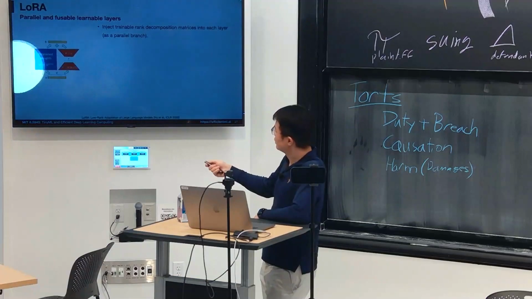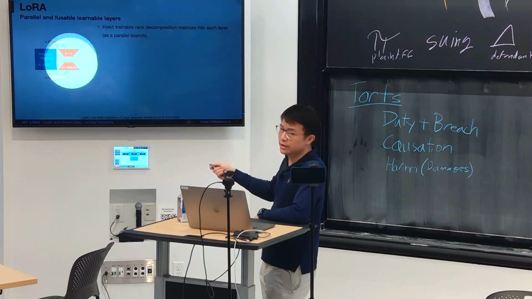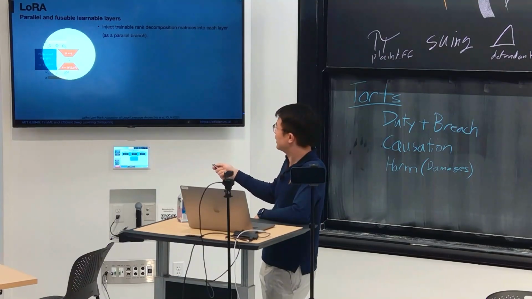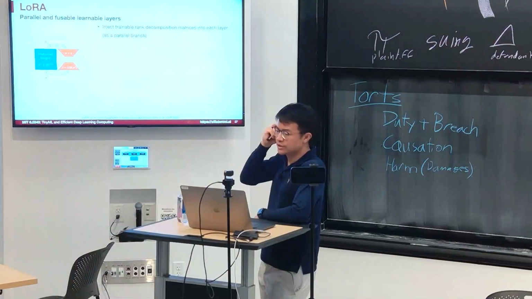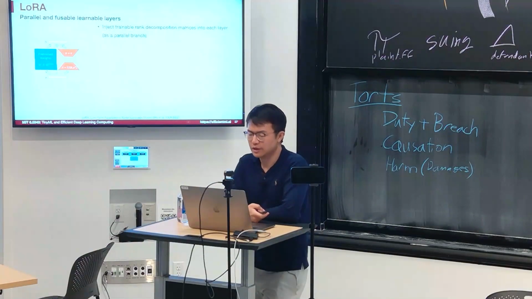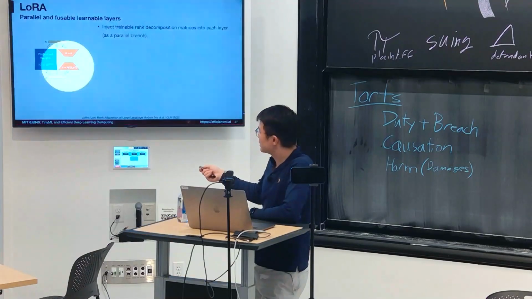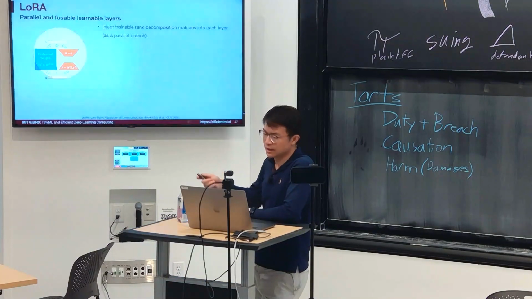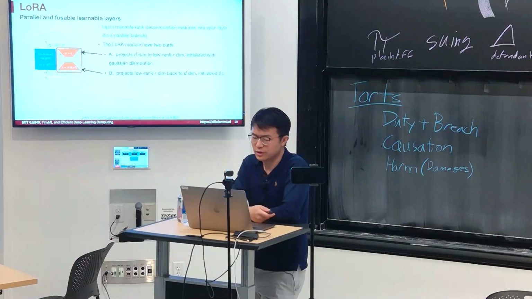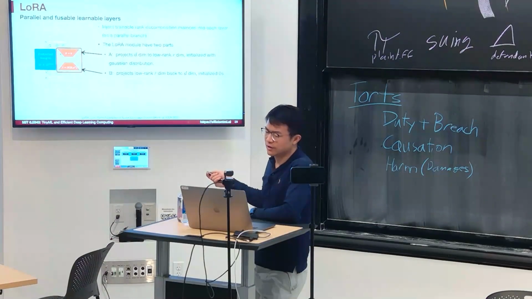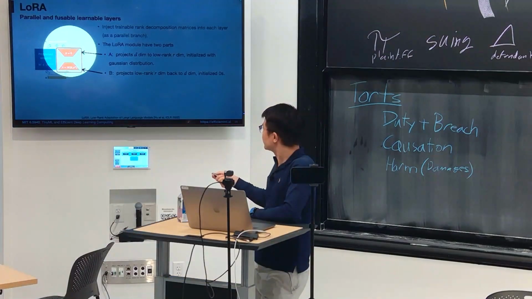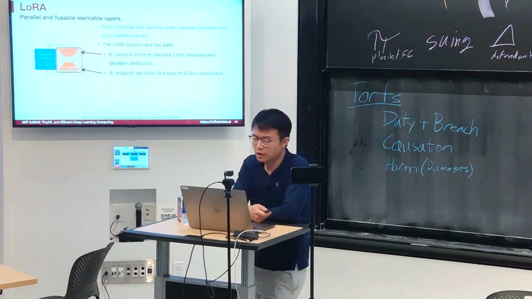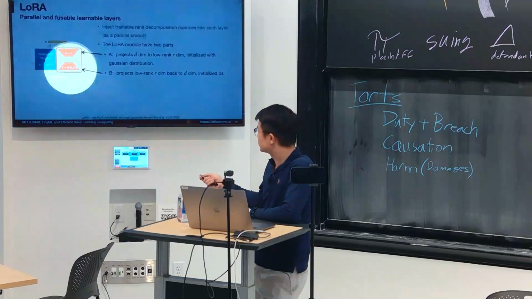So this is the original pre-trained weight. What we are learning here is actually a side branch, learning those residuals, very similar to TinyTL, which is a low-rank decomposed version of two FFN layers. Okay, so this is one FFN layer, this is another FFN layer as a parallel branch. The two parts in the FFN layer: one projects from the D dimension to a low-rank R dimension. Okay, and this first part is initialized with a Gaussian distribution, and the second part is initialized with 0.